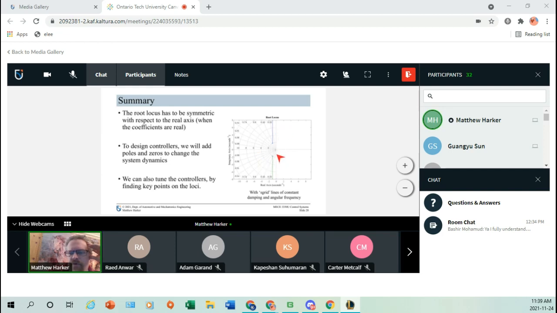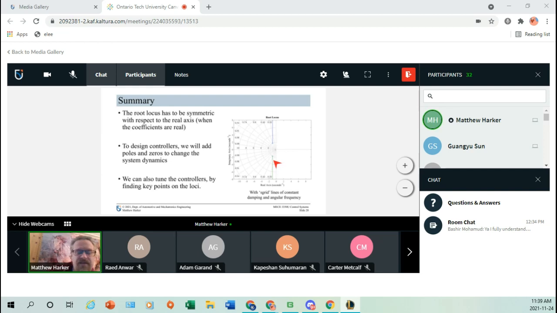So with this simple example with proportional control, we move the poles around with the gain Kp, and what we could then do is choose a natural frequency or a damping ratio that we want and find where that intersects with the locus, right?